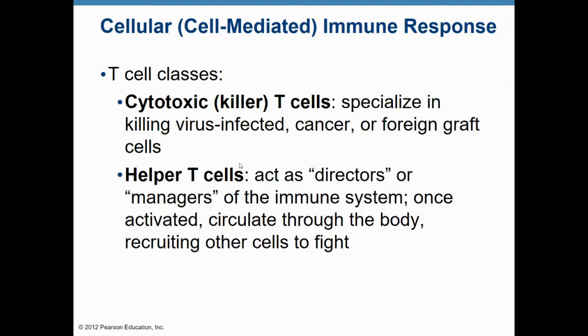Sorry, still a little choked up. Then we have helper T cells, and helper T cells are like the wedding planner. They have to coordinate and manage all of the other cells of the immune system. And once they are activated, they are going to circulate through the body, recruiting other immune cells to the fight. So they're like the wedding planners.